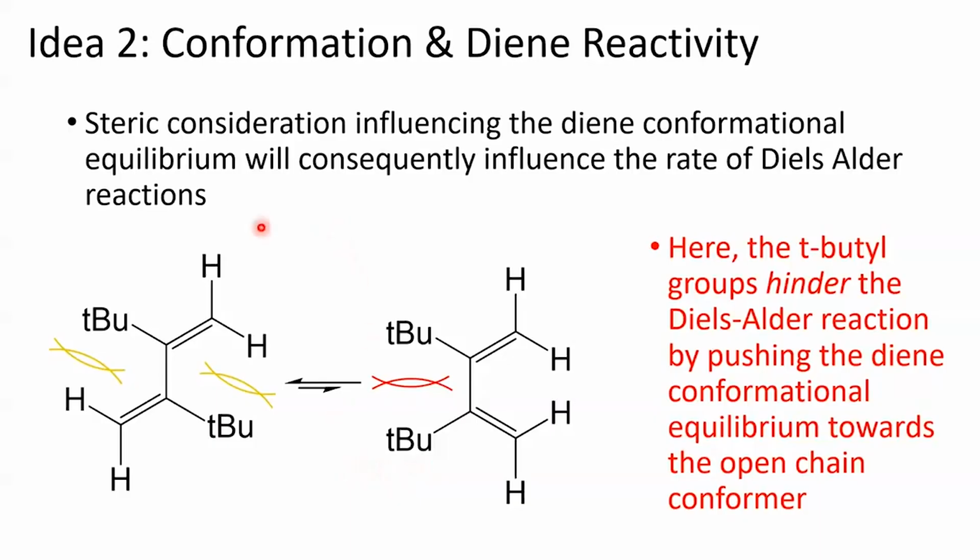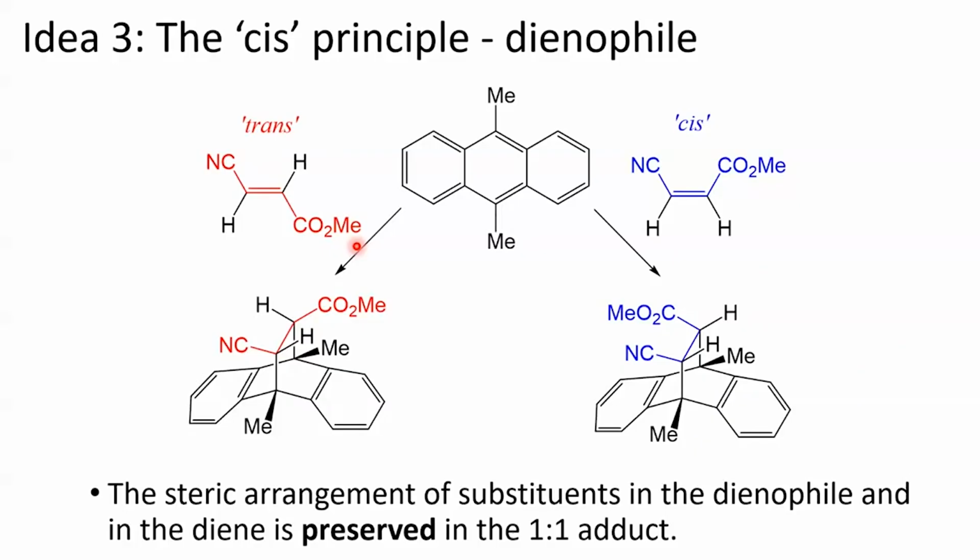Now our conformational equilibrium is going to favour the open chain form, and this form can't undergo a Diels-Alder reaction. So by playing around with the sterics of our diene, we can influence the reactivity of our reagent towards Diels-Alder reactions.